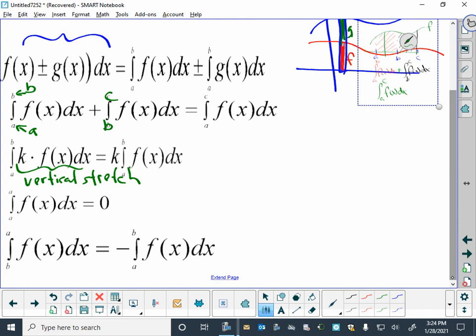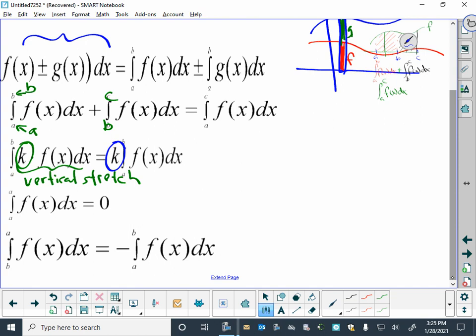I've made every rectangle k times taller than what it was before. So my overall area should be, well, here's where I made every one k times taller. And this one over here is where the result is k times as much area in there.